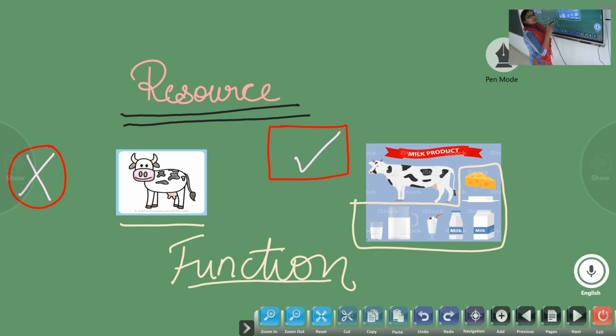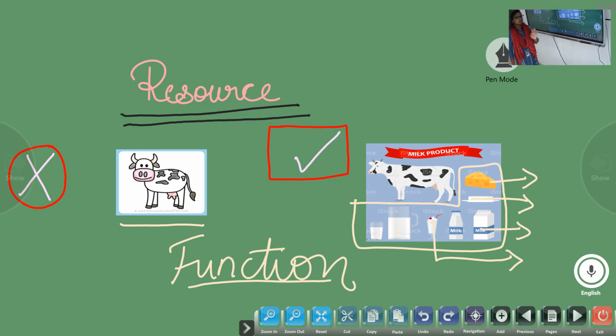Now, taking milk from the cow to drink is a resource. Taking milk from the cow to make use of it as butter, as cheese, as milk, people make cream. So, all that is a resource.